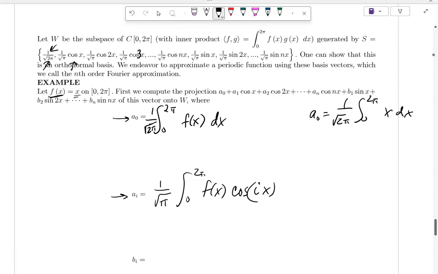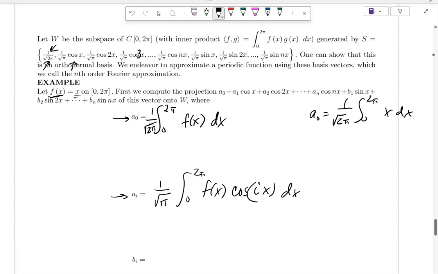I is probably a bad letter. I probably should have used an n, but it's fine. It's not the imaginary unit. It literally is just a counter here, an index. So your a's are your integral of the function times the cosines.